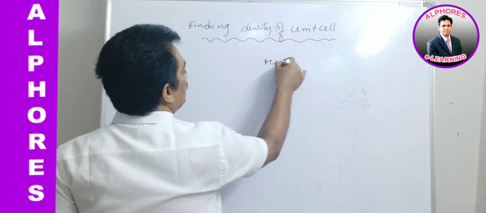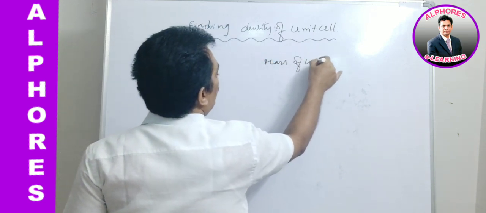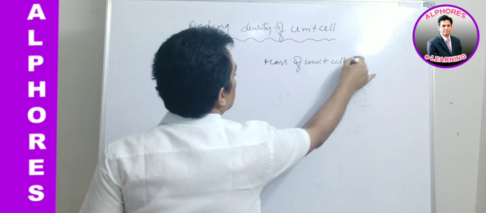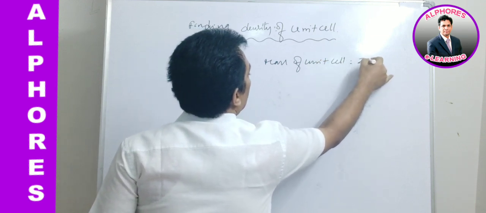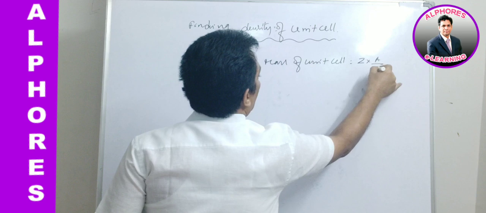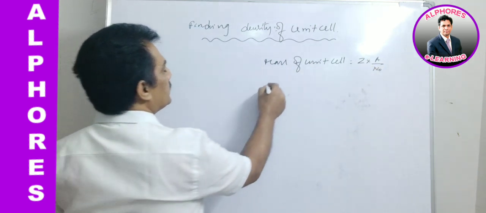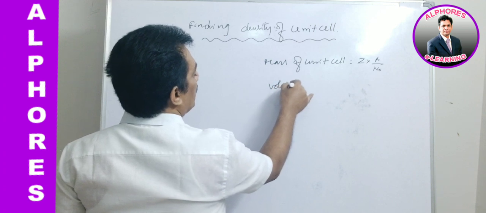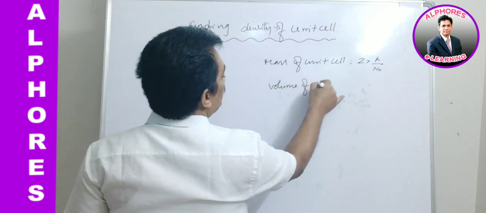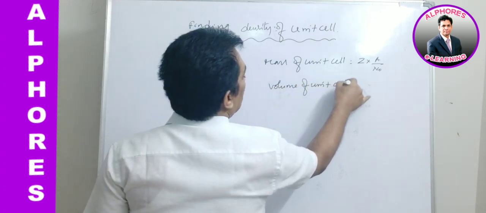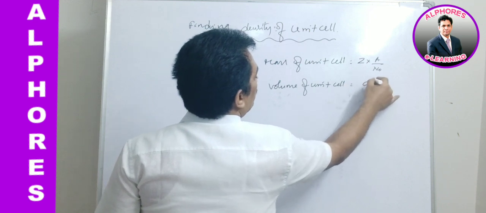Mass of unit cell we know: mass of unit cell is Z into A by N naught. Just now we discussed volume of unit cell: volume of unit cell is equal to a cube.